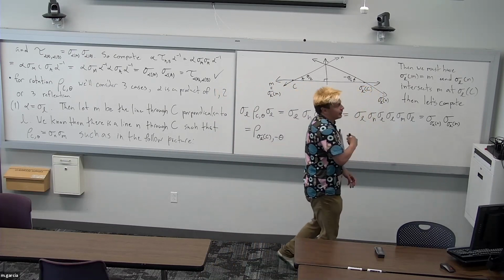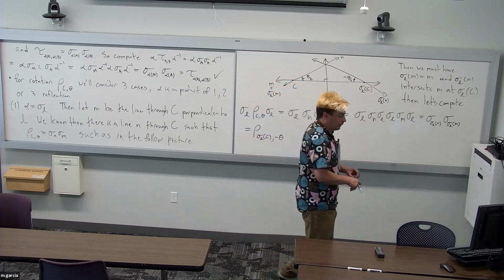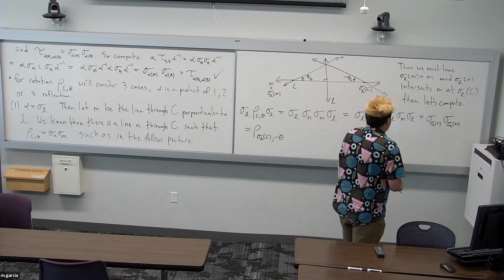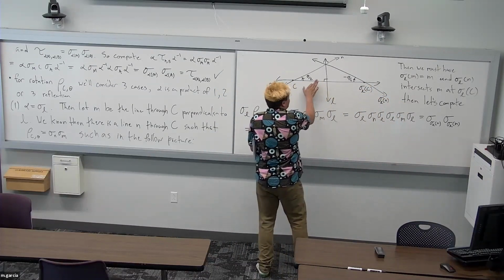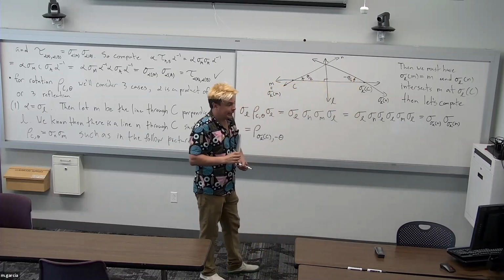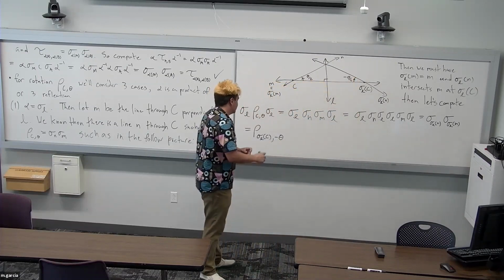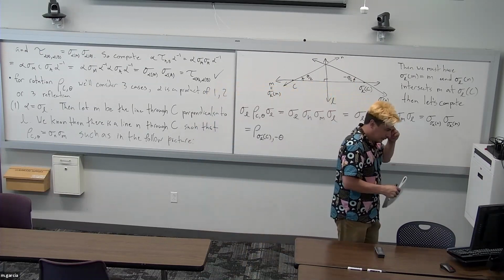And that's because we don't know an explicit analytic formula for rotations yet. We'll get to that in chapter 9. But the geometric picture makes it clear that the sign on the angle switches. Okay?